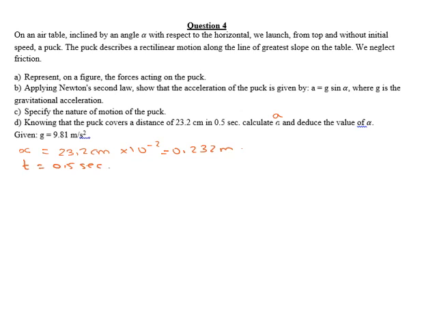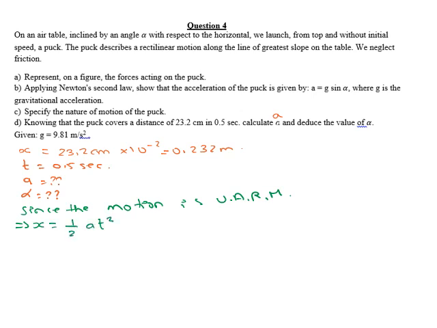We need to calculate a and alpha. Since the motion is uniformly accelerated rectilinear motion, then x equals 1 over 2 at squared plus v0t plus x0. This is 0 and this is 0.